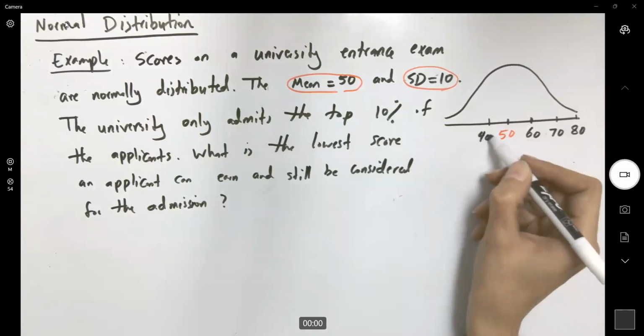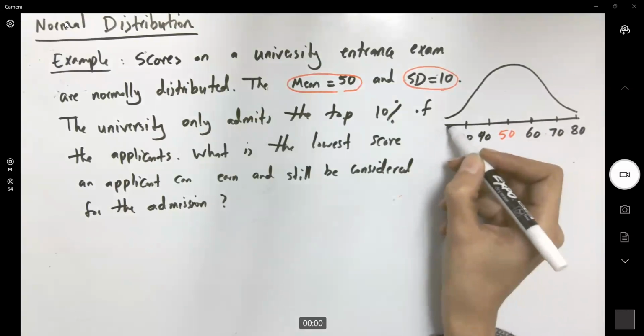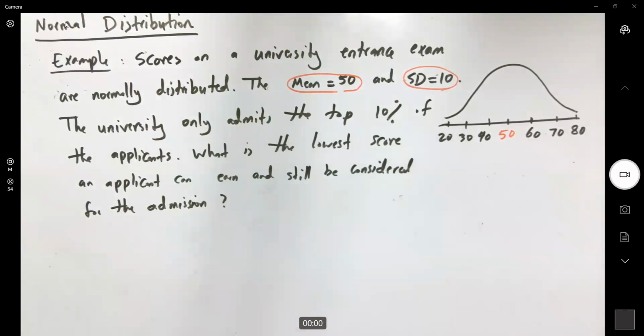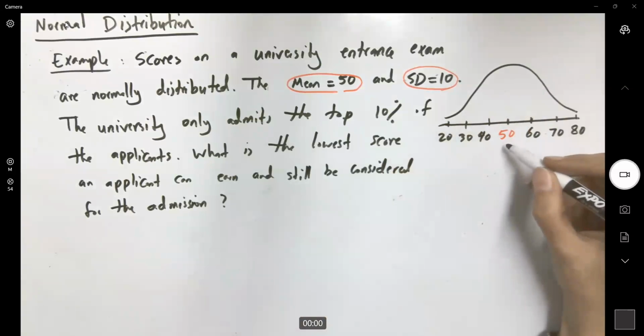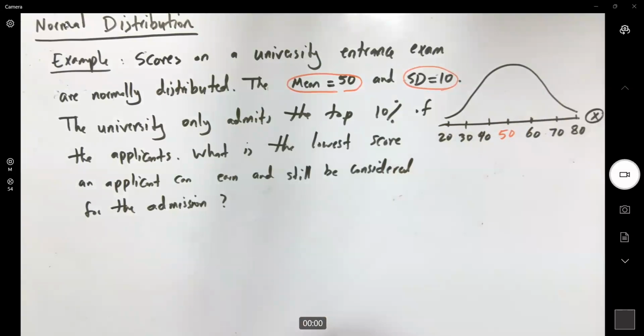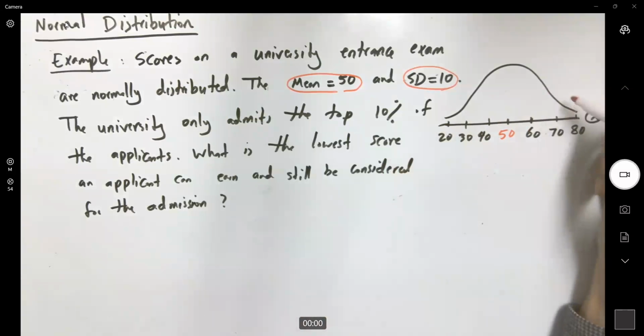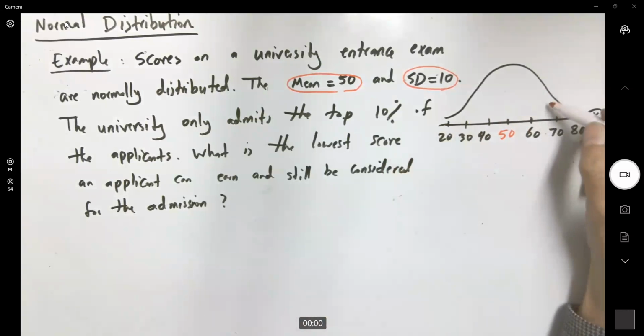Negative 10, 40, 30, and 20. This is the distribution of X values. Remember that. You do not have 0, so these are all X values. Where is the top 10%? It might be around here.